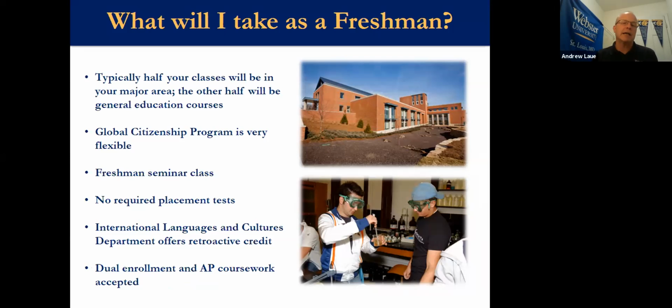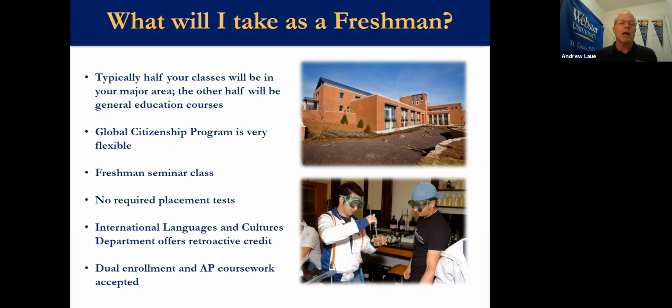And you can see in that second bullet point, we call our general education program the Global Citizenship Program, because it's meant to have you be a global citizen and be able to comprehend and understand these large problems that everybody is going to have to consider when they're out in the working world. So the Global Citizenship Program is designed to give you an understanding of those, but that's really our core program. So when you hear Global Citizenship Program, we're talking about our core classes.